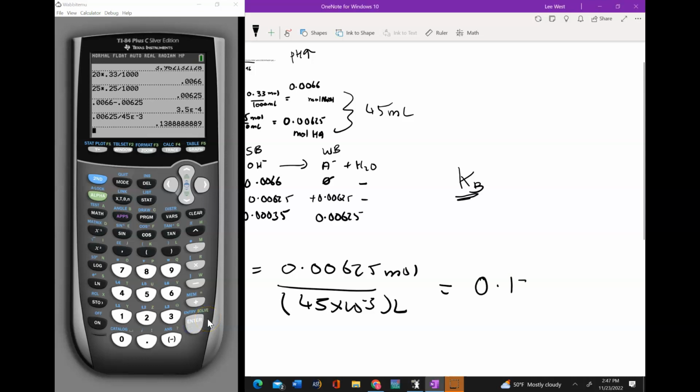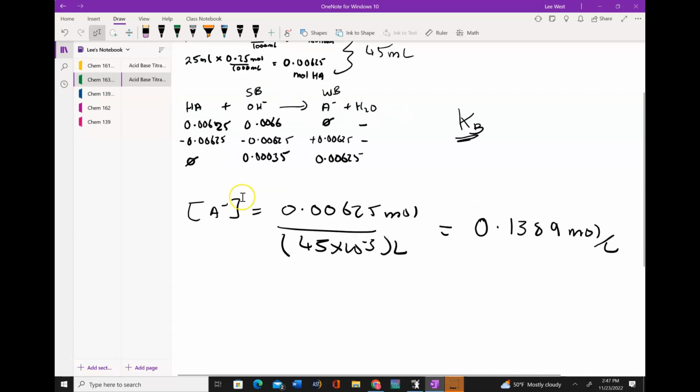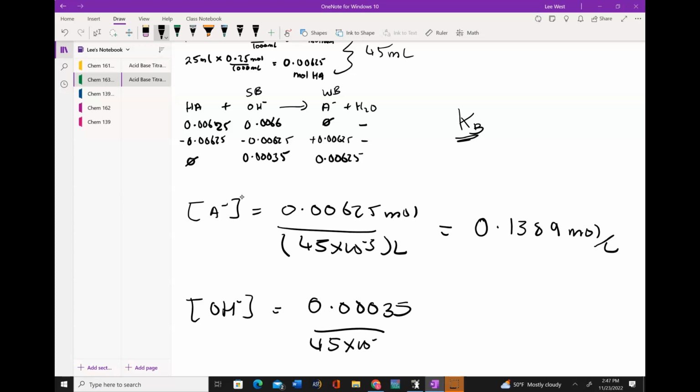Okay. 0.1389 moles per litre. It's quite concentrated, isn't it? And then we're going to figure out the concentration of our hydroxide ion. And so we've got 0.00035 in the same volume. Okay.